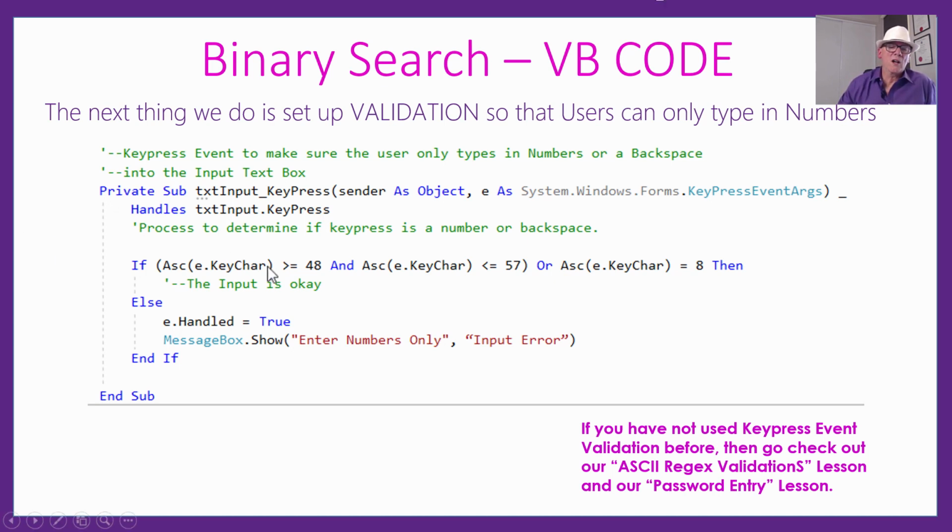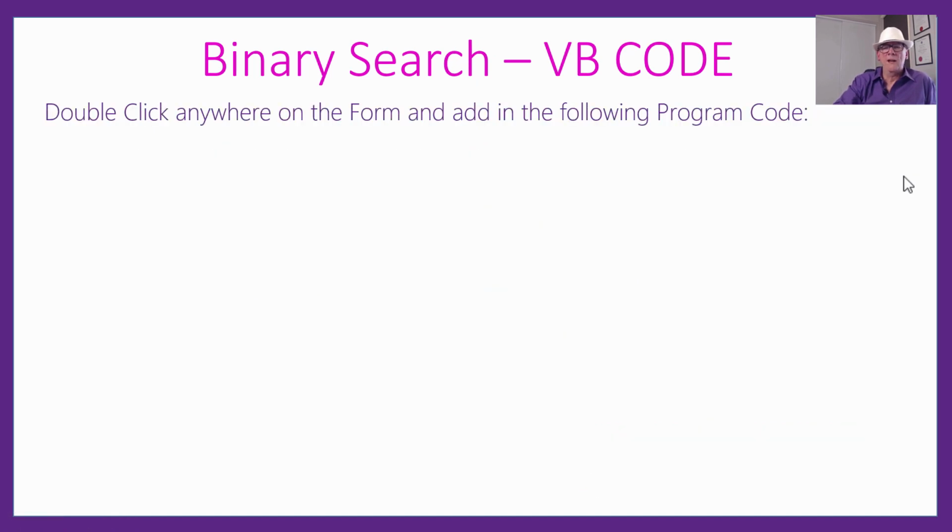So what this is going to do, every time they press a key to type in that text box, it's going to check, is the ASCII value between 48 and 57, which are number values in the ASCII table, or is it an 8, which is a backspace character that they've pressed on the keyboard? If that's like that, well, the input's okay. If it's not like that, mark it as handled and put up a message box error to the user. So that should all be familiar from previous lessons, nothing new there.